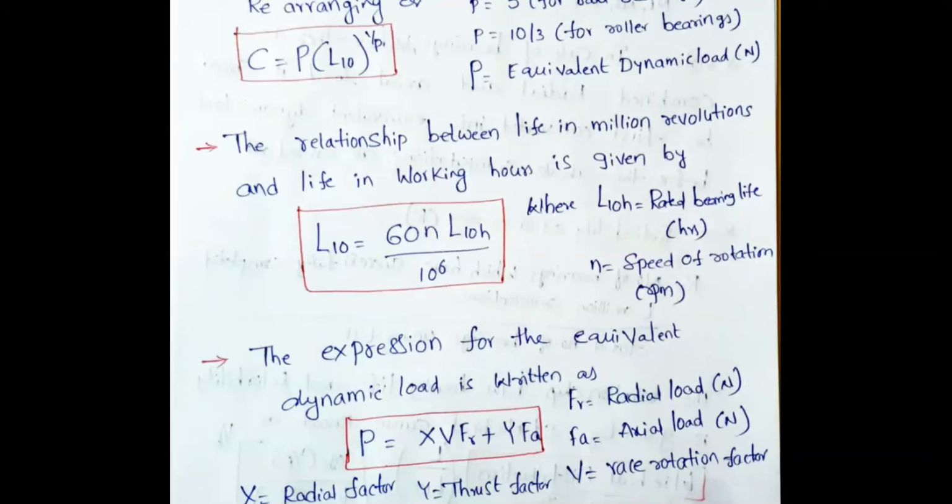Okay. So a very, very important relation: radial load, axial load, and radial load factor and axial load factor. And V is the race rotation factor. Normally we can consider 1. We can assume that 1. If it is specified, you can consider inner race rotation and outer race rotation, depending upon your situation. According to the situation, you can act.